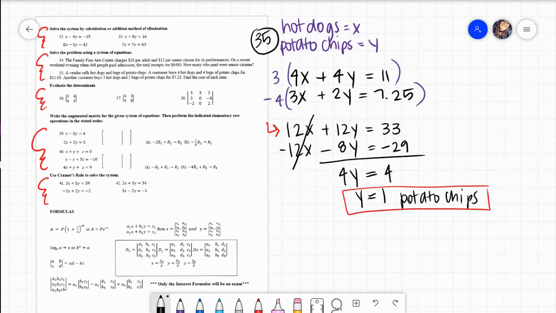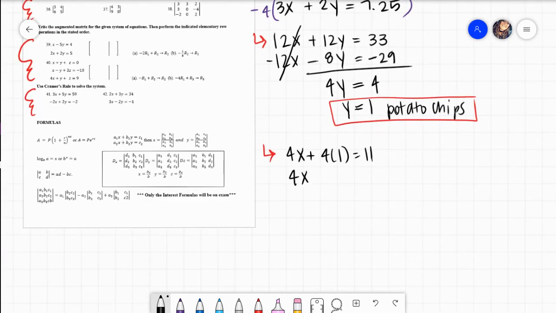Then we're going to plug this y equals 1 into an equation. I'm going to pick the easiest one, and I believe that the first equation is the easiest. So what I'm going to get is 4x plus 4 times 1 equals 11. So I get 4x.